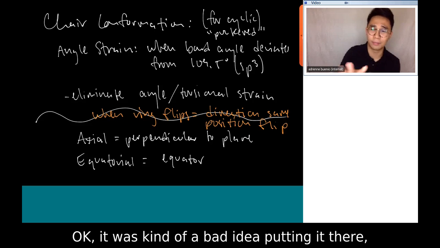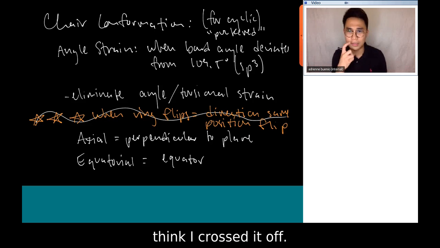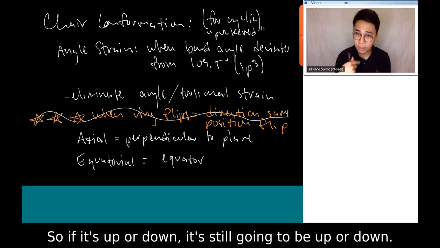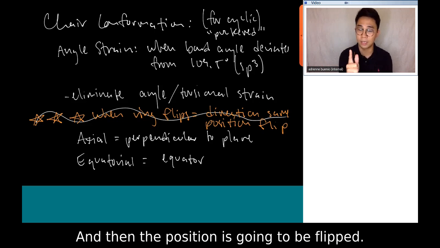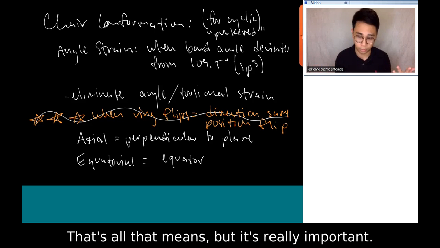It was kind of a bad idea putting it there, but it's a different color. So I'm just gonna start so you guys don't think I cross it out. But when it flips, the direction stays the same. So if it's up or down, it's still gonna be up or down, but the position is gonna be flipped. So if it was axial up, now it's gonna be equatorial up, right? That's all that means, but it's really important.